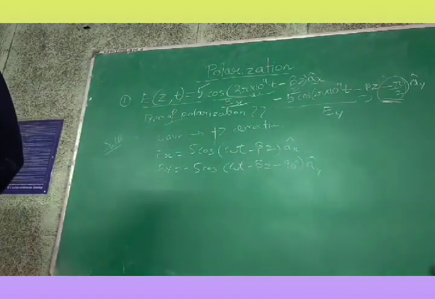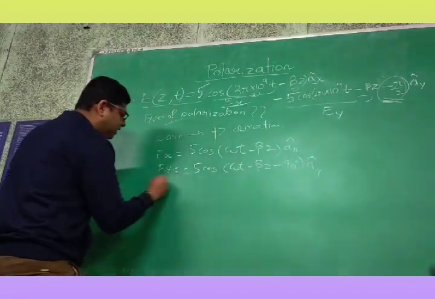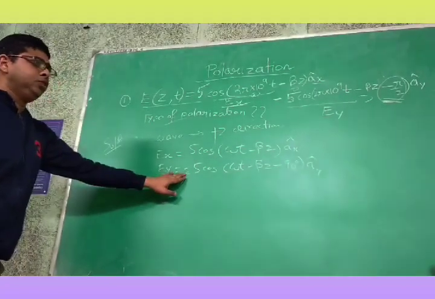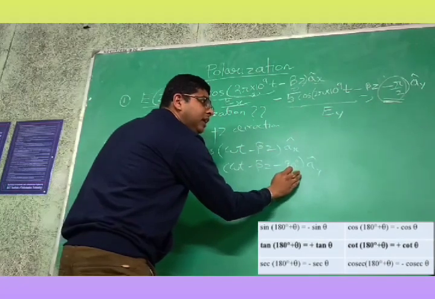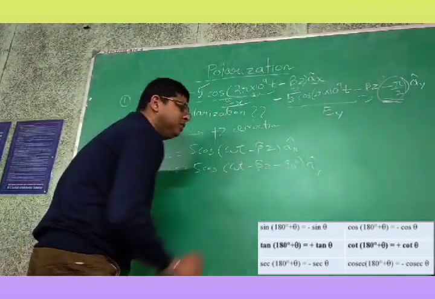Okay, so now see, there is a minus here. So what you can do is, you can change this minus to plus by simply putting a 180 degree in this expression, within this cos.